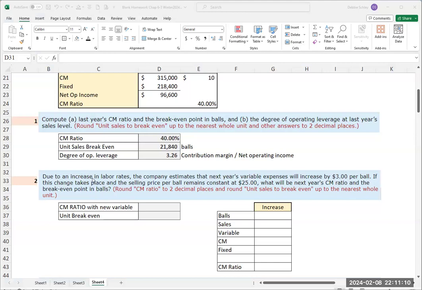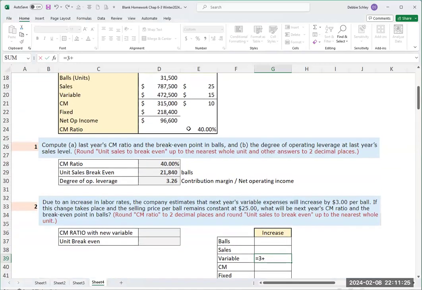Required: due to an increase in labor rates, the company estimates that next year's variable expenses will increase by $3 per ball. So I'm going to take 3 plus my $15 per unit variable.